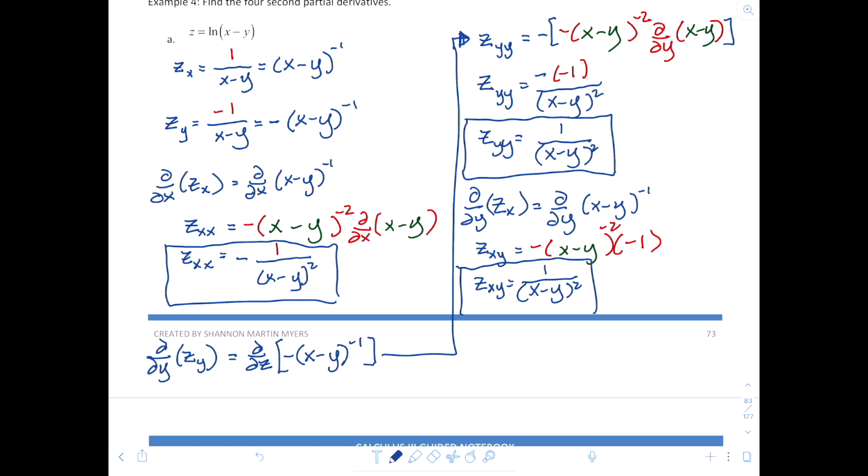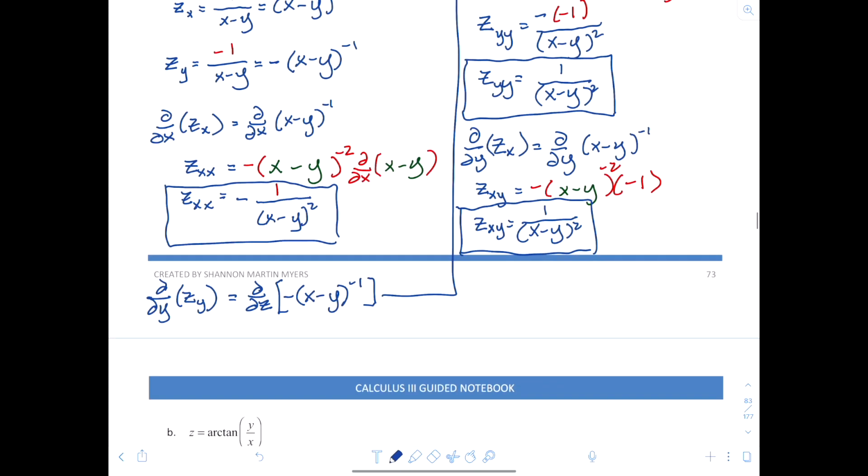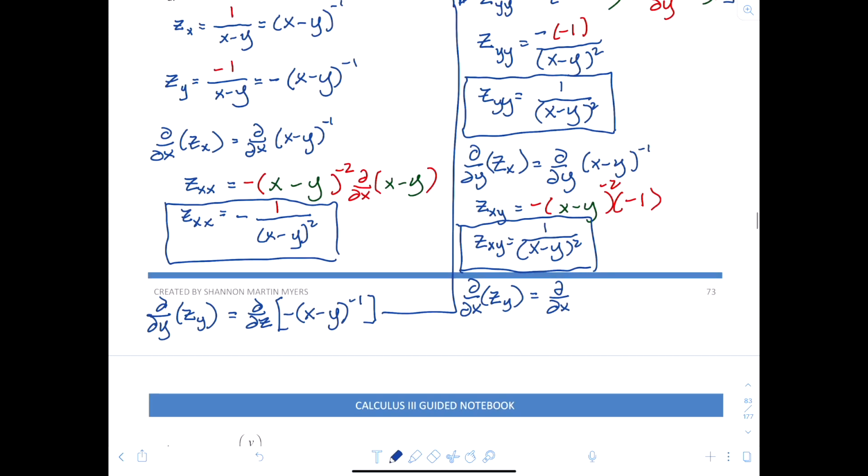And our last one to check out would be z_yx. So now we do d/dx of z_y. Well, that's going to be the first partial derivative with respect to x of z_y, which was negative x minus y to the negative 1.